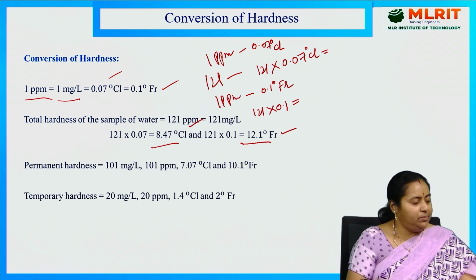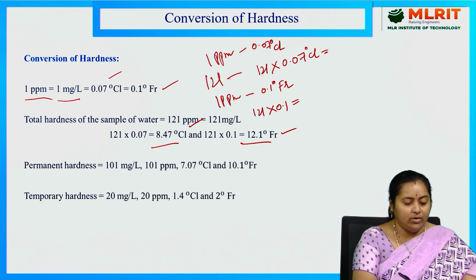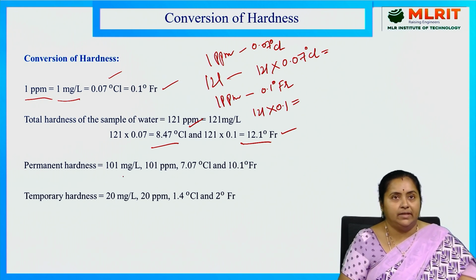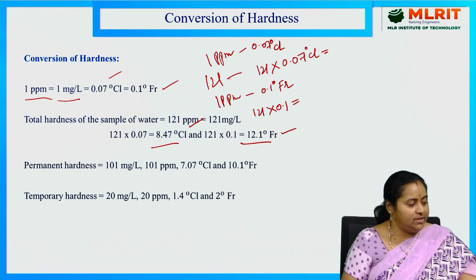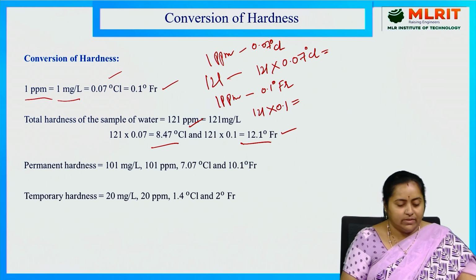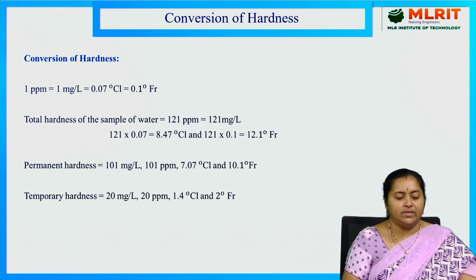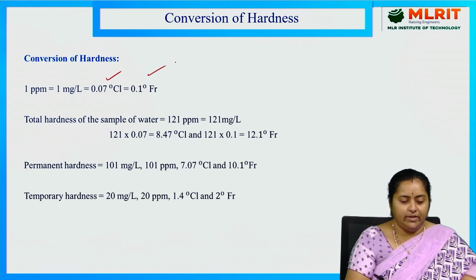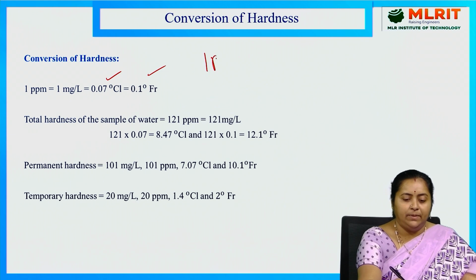And coming to permanent hardness, we got 101 milligrams per liter as the answer. So it is expressed in terms of ppm. Now we are going to convert this in terms of degree Clark and degree French. As I told you, 1 ppm is equal to 0.07 degree Clark.